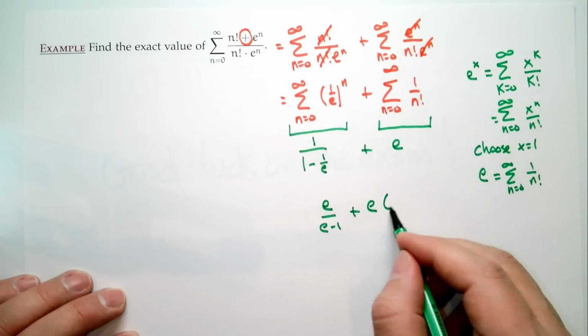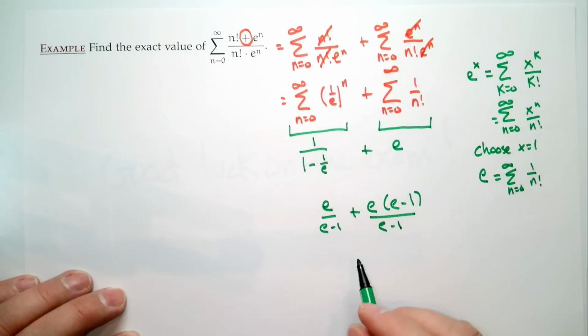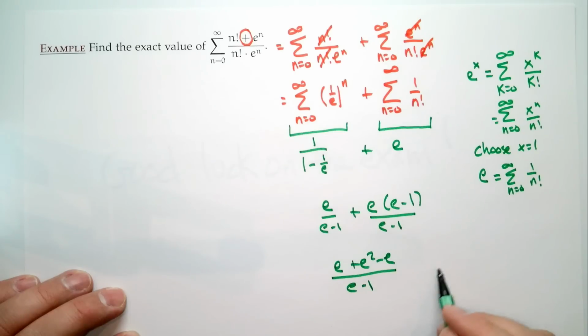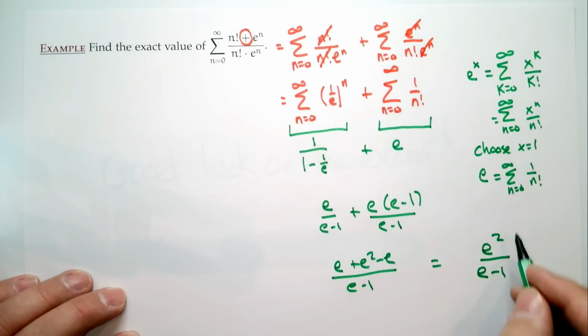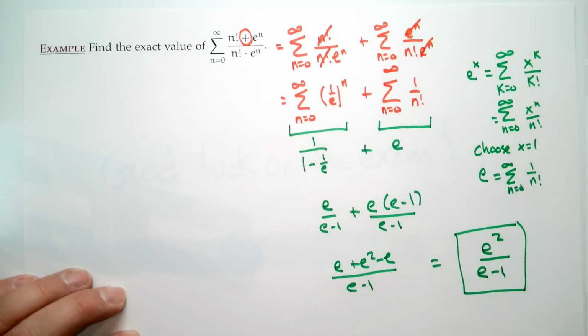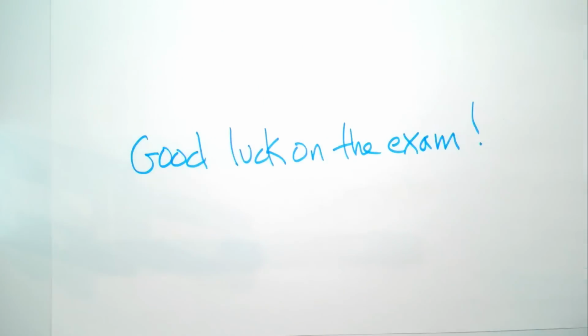And if you wanted to, multiply this by e minus 1 over e minus 1 to get a common denominator, you'll get e plus e squared minus e all over e minus 1, giving us our final answer for the day, e squared over e minus 1. And that's our last one. Whew. Good luck on the exam, and see you later.